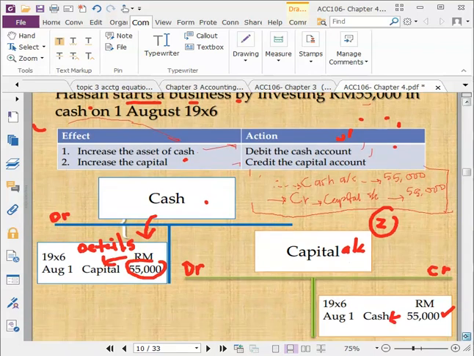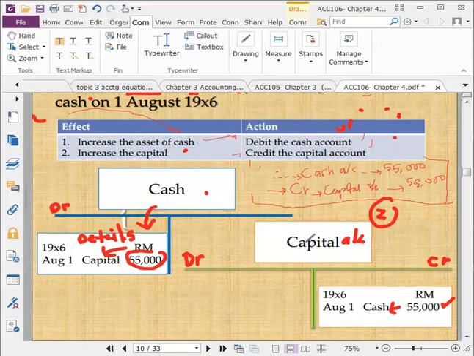Then we must also open another account, that is capital. The capital account also has debit and credit. From the double entry, if the capital is increased, we should credit. So on the capital account, 55,000 is on the credit side.